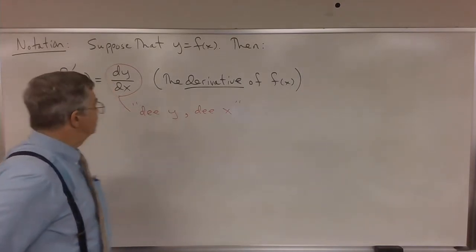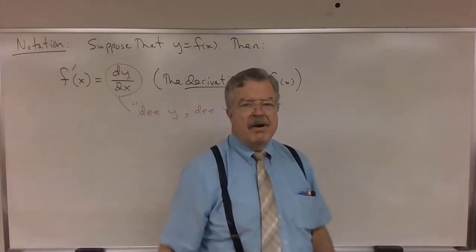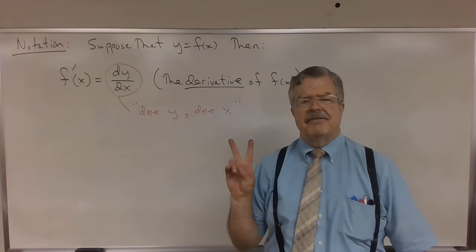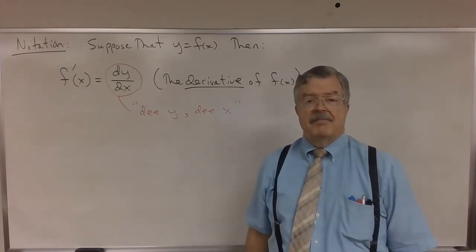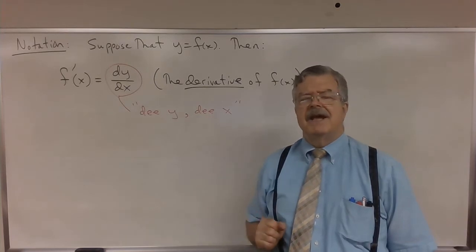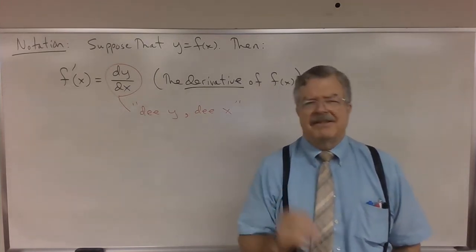And we have these two different symbols for derivative, partly because calculus was actually invented by two different people in different parts of the world, neither one of which had any idea that somewhere else in the world somebody else was working on exactly the same problem.